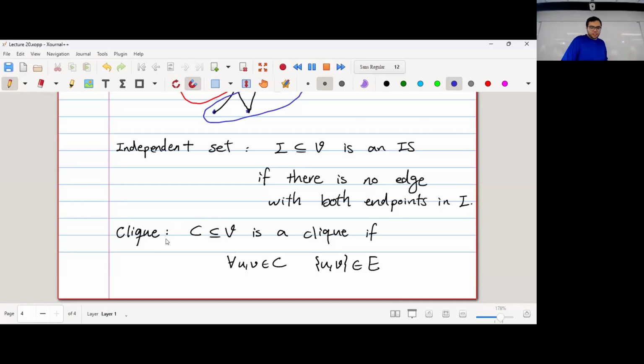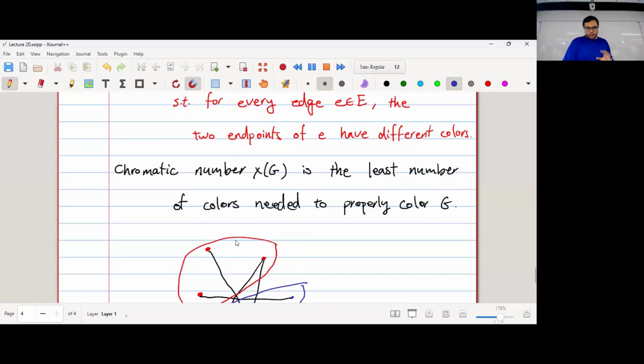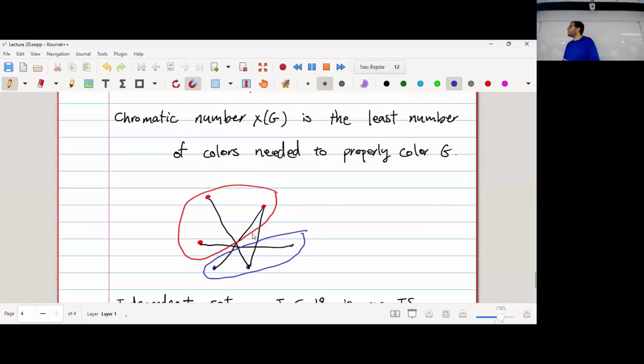So what's interesting for us is the size of the largest independent set in a graph, or the size of the largest clique. And even more interesting is to connect that to the chromatic number: how many colors do I need to color my graph based on the sizes of my independent sets and cliques? But before that, I just remembered one more point.